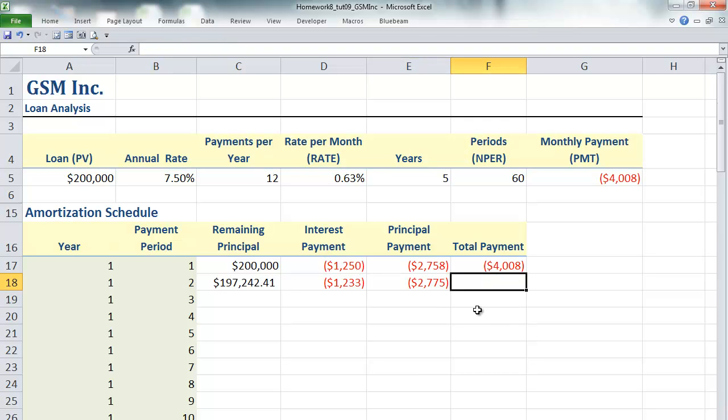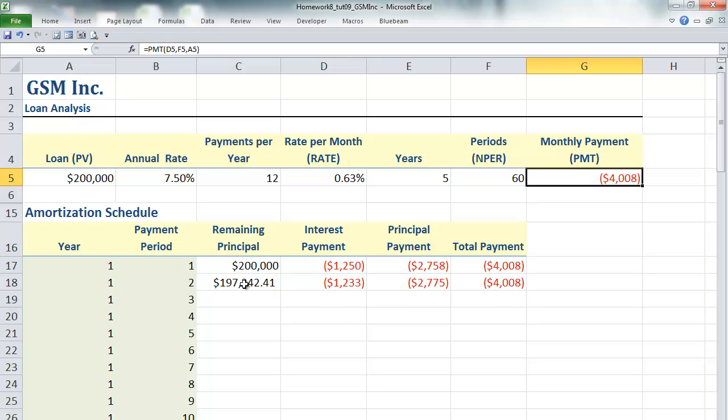Again, we can do a simple sum formula to add up the interest component and the principal component of the monthly payment. And when we enter that, we see once again it adds up to $4,008. The total payment for each period should be $4,008 because that's the monthly payment we calculated earlier.